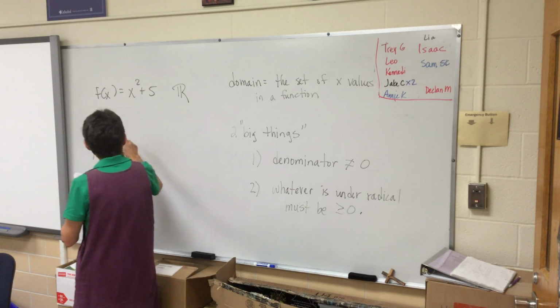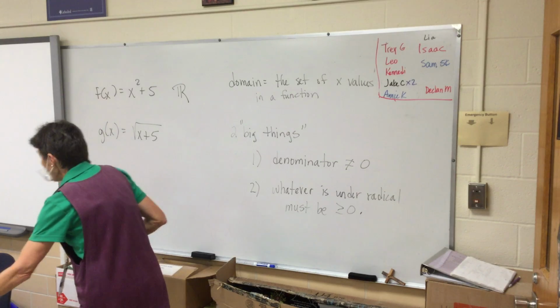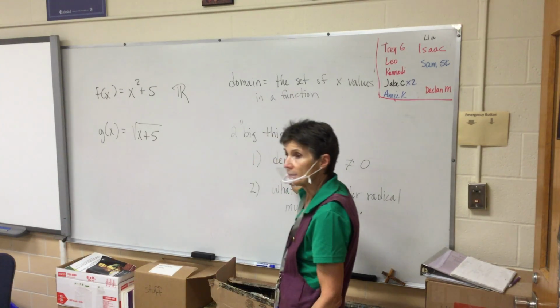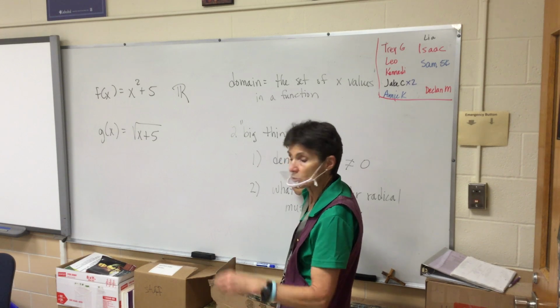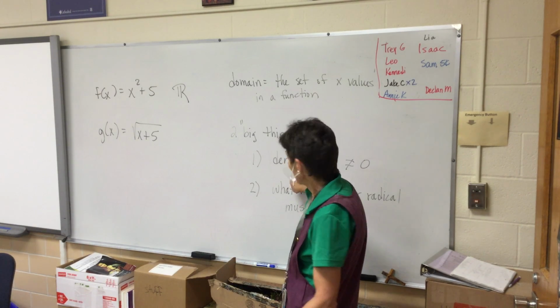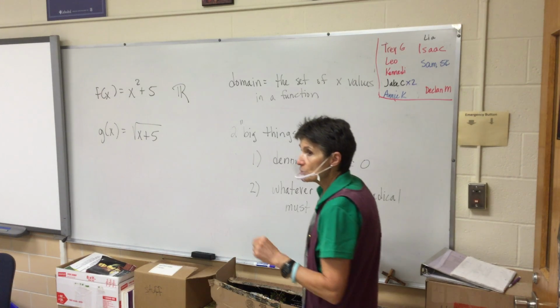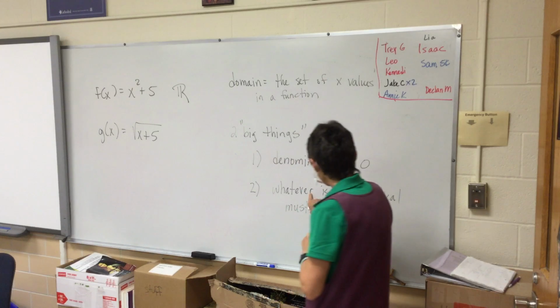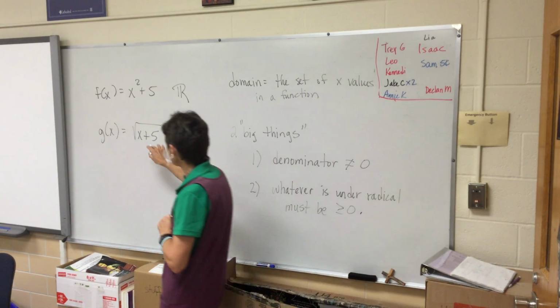So this particular function named g looks like this. Now, look at your big things. Does that problem have a denominator? No, so I don't need to worry about that. But does it have a radical? Yes. So that means that whatever is under the radical must be greater than or equal to 0.